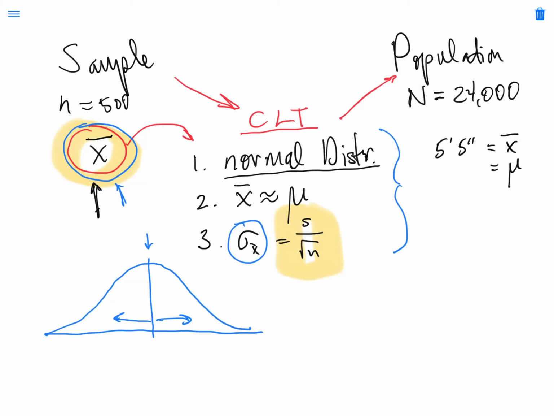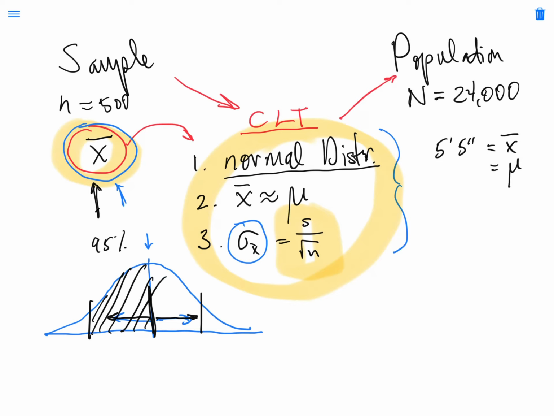Well, we can come back to this theoretical normal distribution based on our Central Limits Theorem and say, well, here's the mean. If you want me to be 95% confident, let me move out away from that mean in both directions until I have encompassed 95% of that curve. This range, then, is our 95% confidence interval.